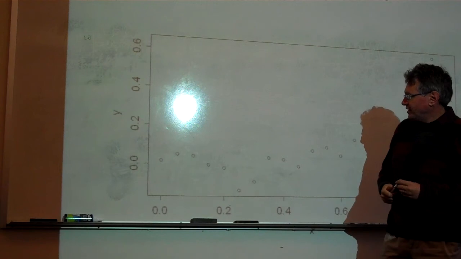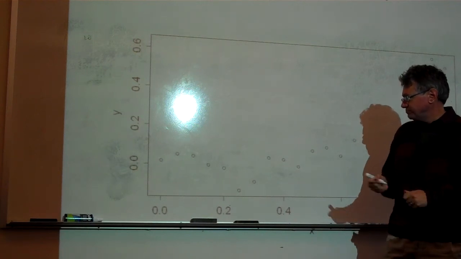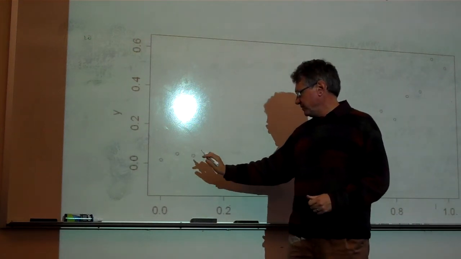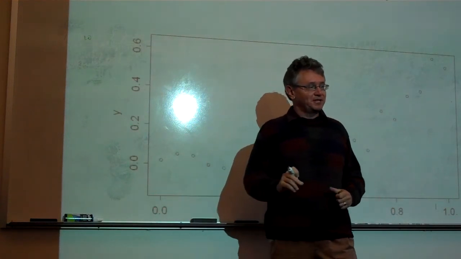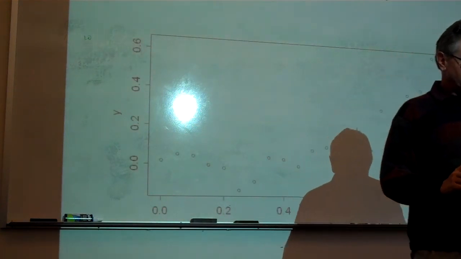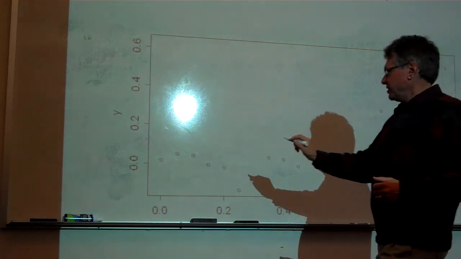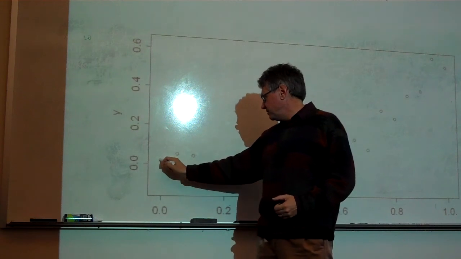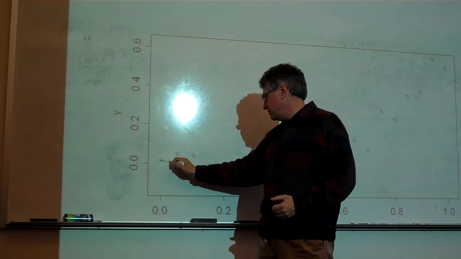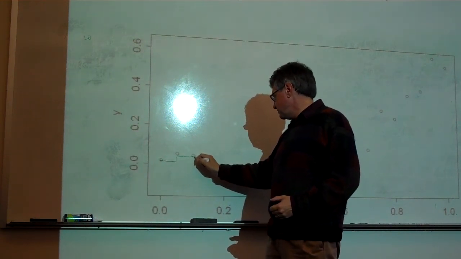If we had a really high value of p that led to only using the nearest data point, then if we took out the second and fourth and so forth, our prediction would be something like this.